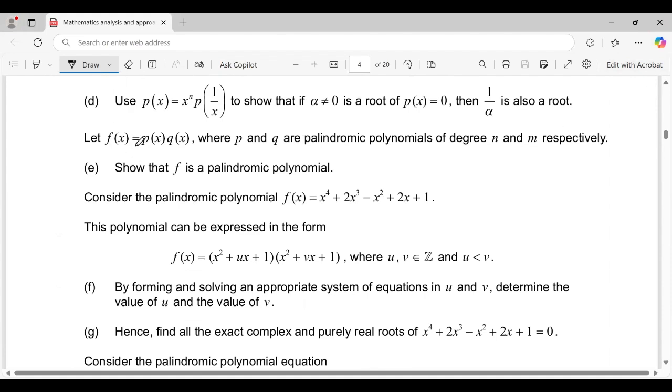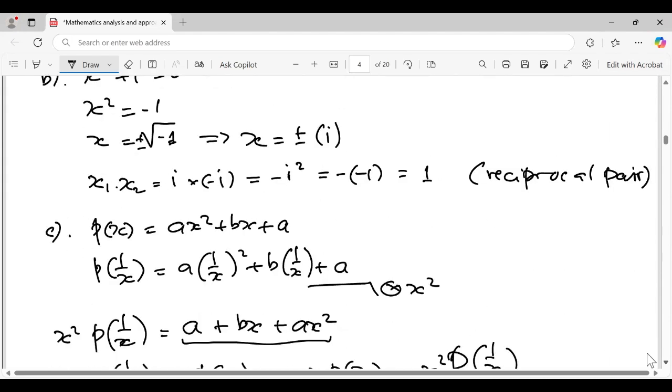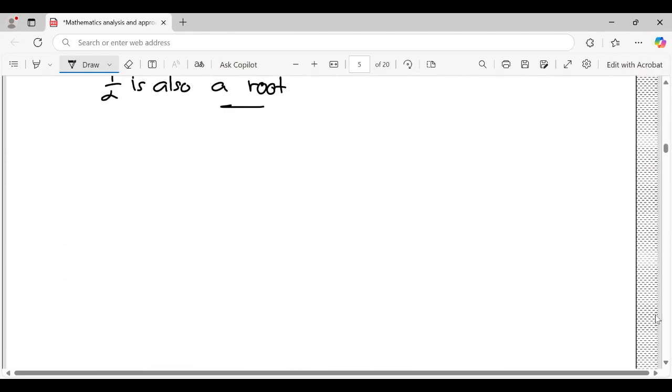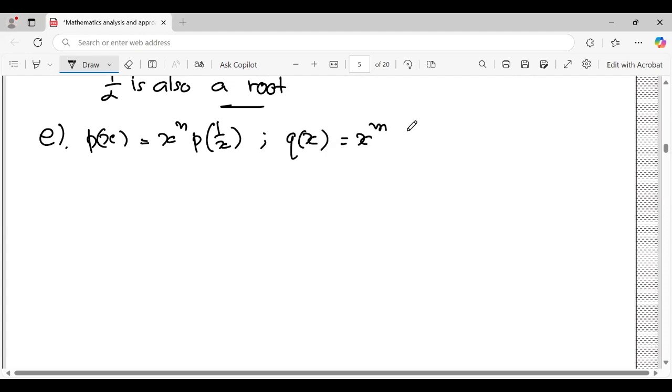Question E. Let f(x) equal P(x) times Q(x), where P and Q are palindromic polynomials of degree n and m respectively. Show that f is a palindromic polynomial. P(x) is x to the power n times P of 1 over x, while Q(x) is x to the power m times Q of 1 over x.